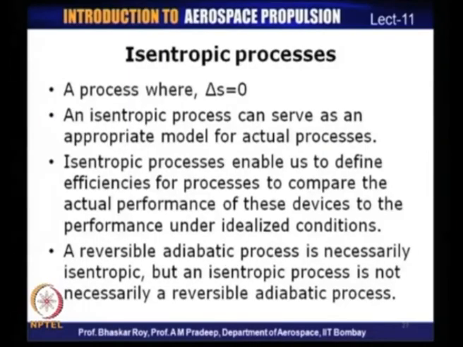Now, I already mentioned that a process in which the net entropy change is equal to 0, or delta S is equal to 0, is an isentropic process. So, what is the significance of an isentropic process? An isentropic process can serve as an appropriate model for an actual process. From an isentropic process we can get an idea of the actual process, approximating it to an ideal process if we know the corresponding isentropic process.